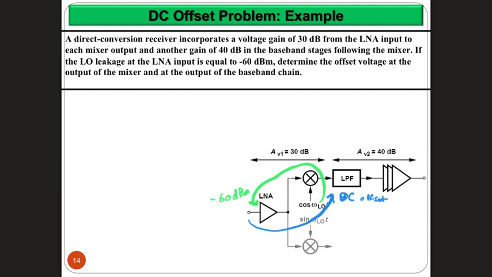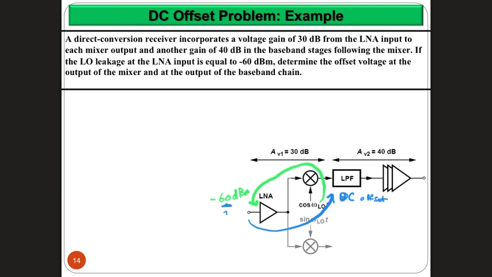31.6 millivolts. No, you calculated the 30 dB as a voltage gain in absolute gain. That's only part of it, and then you need to use this to figure out how it maps into a value.